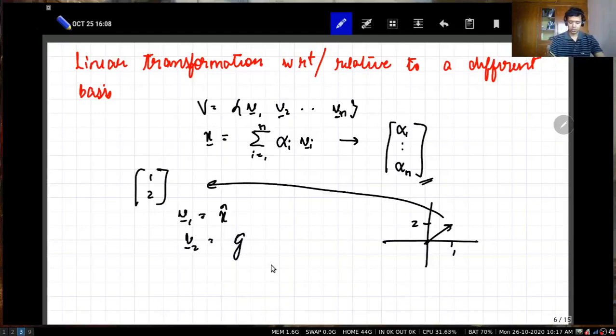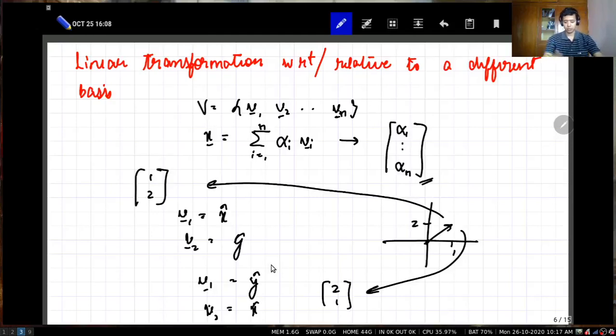But on the other hand, if we were to choose v1 to be the y-axis and v2 to be the x-axis, then the corresponding coefficient vector would be 2, 1, right? So the same vector can have different representations depending on which basis you choose.